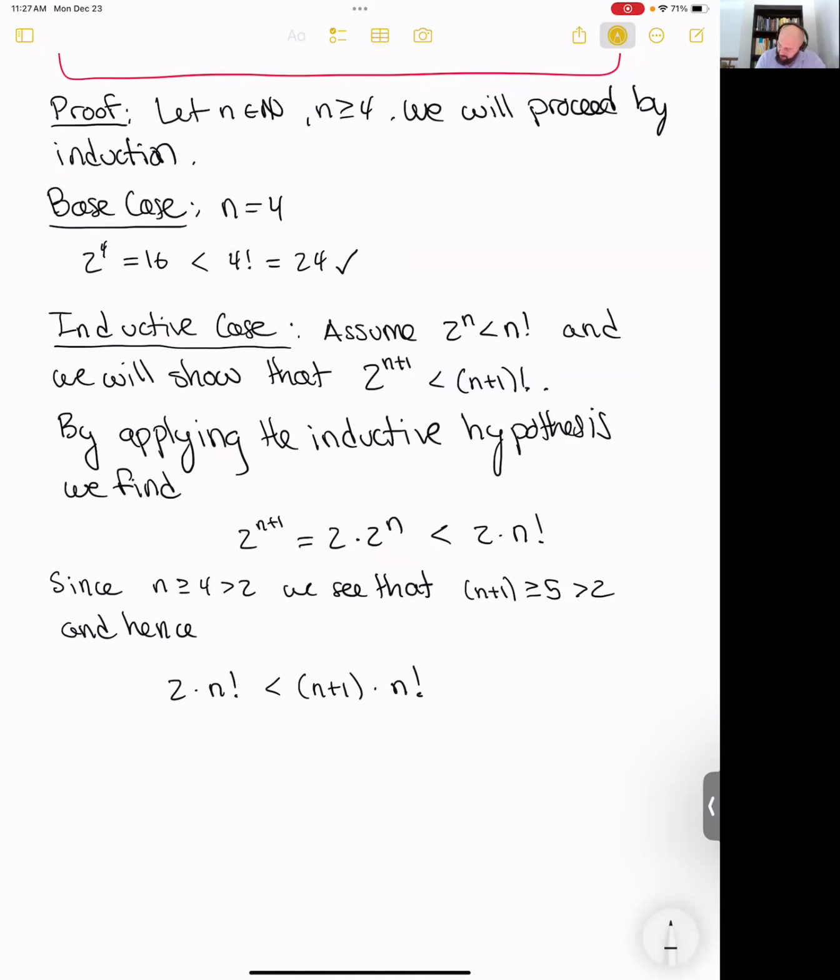Okay, perfect. But that's also equal to n plus 1 factorial, right? That's how n plus 1 factorial is defined. You first peel off the n plus 1, and what's remaining is the n factorial.